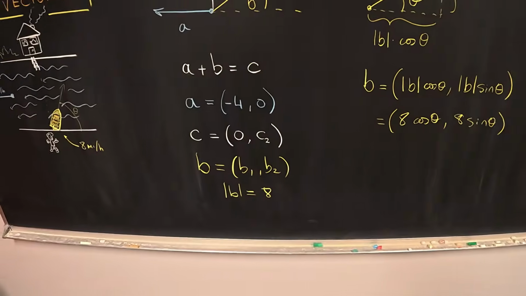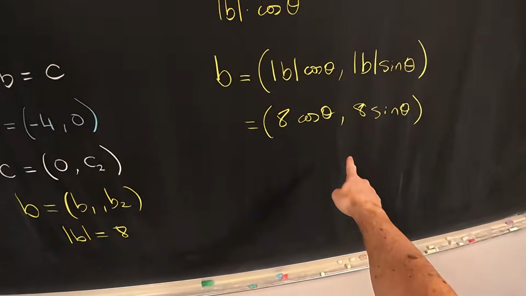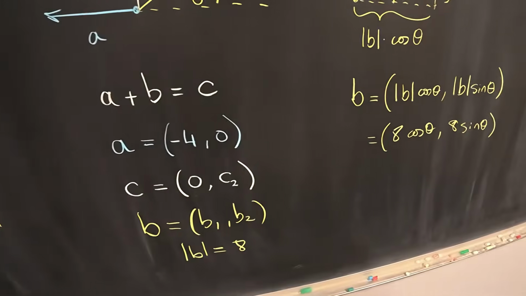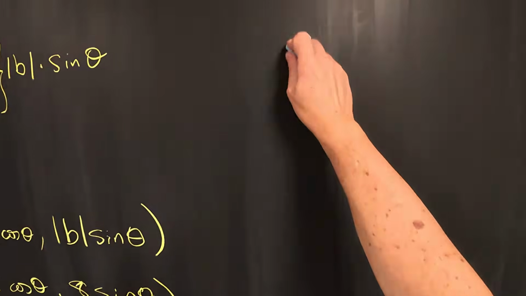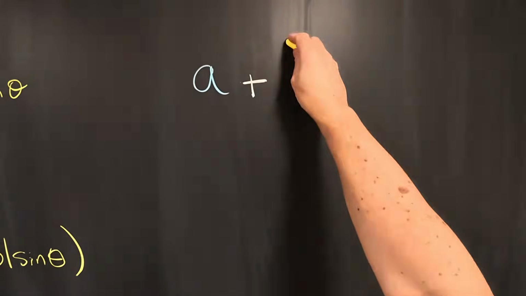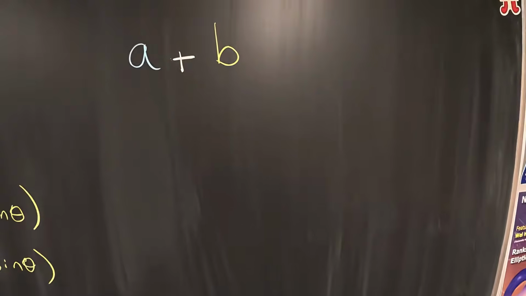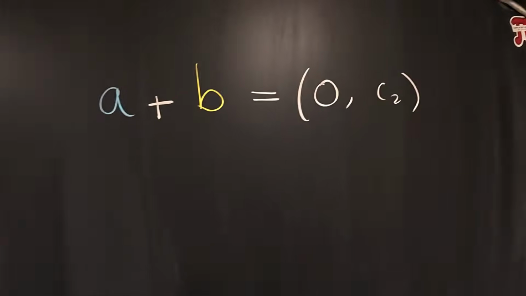And what I want is for A plus B to be equal to something of this sort. So let's write that down. I want A plus B to be of the form 0, C2.